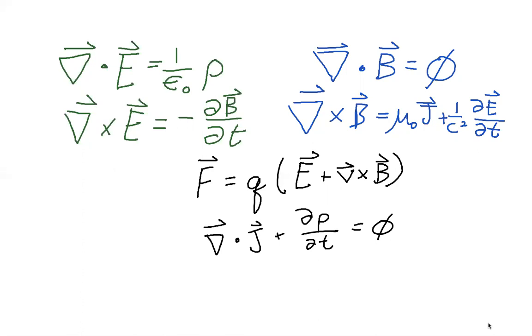What we need to recognize, and what we'll talk a little bit more about, is that these are the generic fundamental expressions. Things like Coulomb's law and the Biot-Savart law are valid in specific cases. They're the easiest ones to use sometimes, and we will use them, but they are not the fundamental ones.